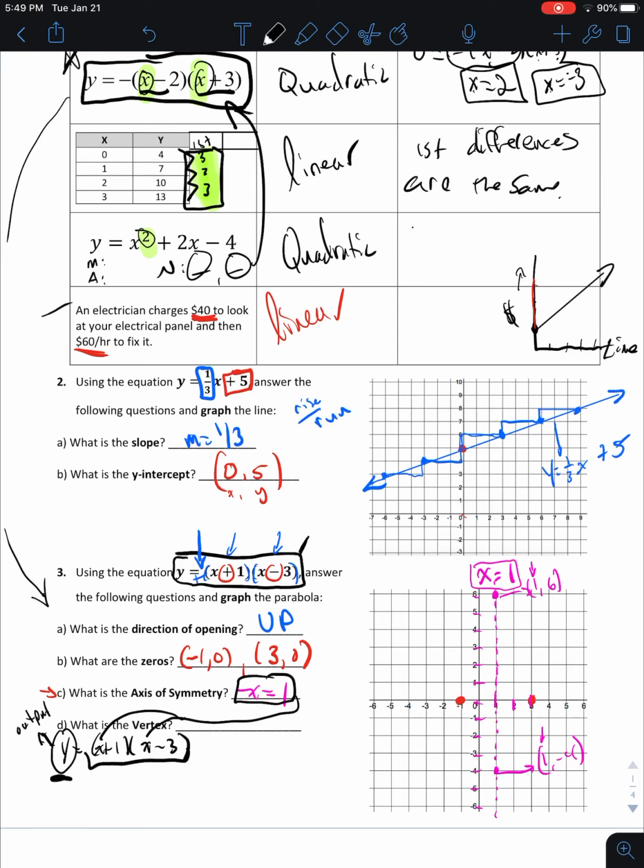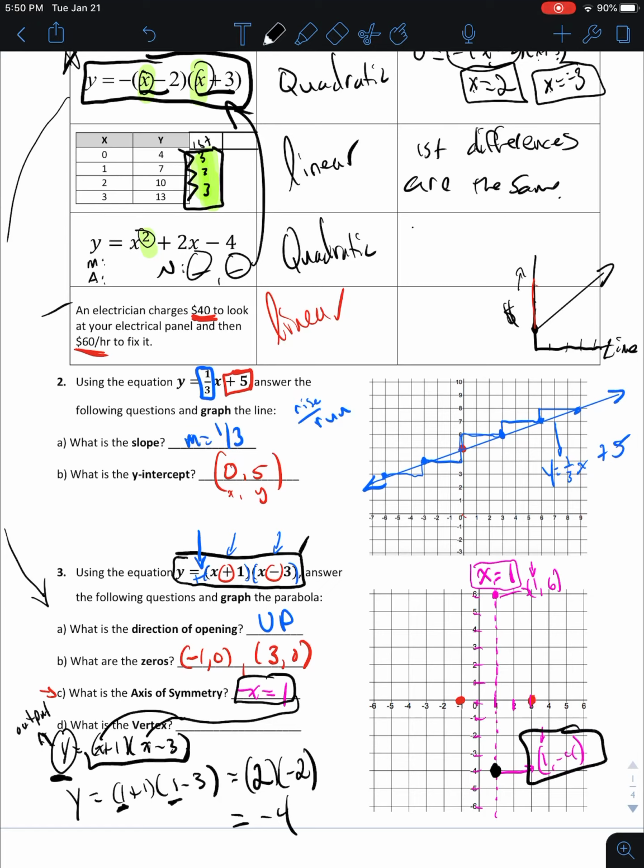So I can input things and get outputs. So that's what I'm going to do. I'm going to find a y value for the x input of 1. So it's y equals (1 plus 1) multiplied by (1 minus 3). And that's equal to 2 multiplied by -2, which is -4. And so my y value when x equals 1 is going to be -4.